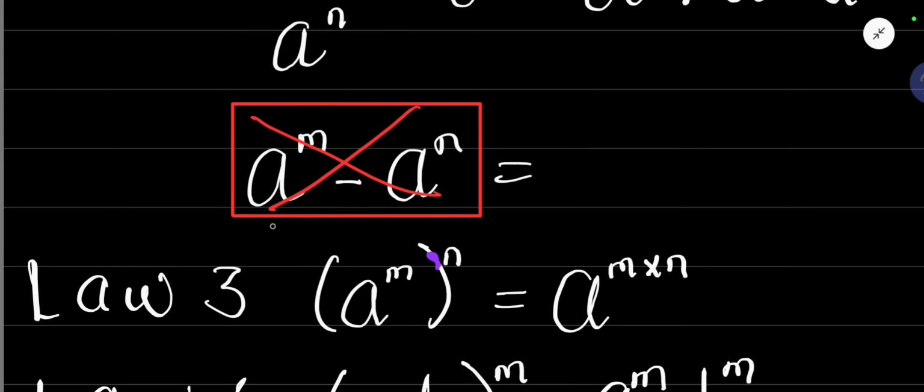Be careful that you do not fall into the trap of saying that a exponent m minus a exponent n applies the rule that when you divide the powers of the same base, you subtract the exponents. Here you are not going to subtract exponents, and we do not have a rule for that.